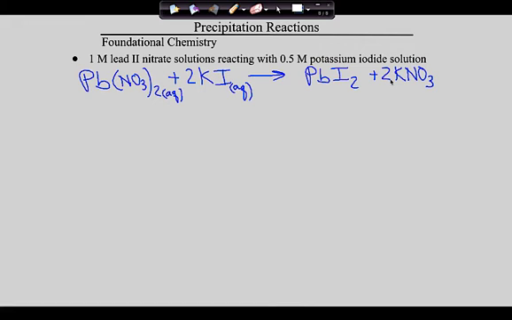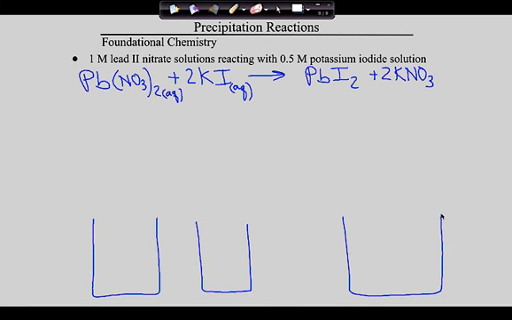Okay, so now guys, here's what I want you to do. Skip down 6 lines. And skipping down 6 lines, please draw 1, 2, 3 beakers, and an arrow.